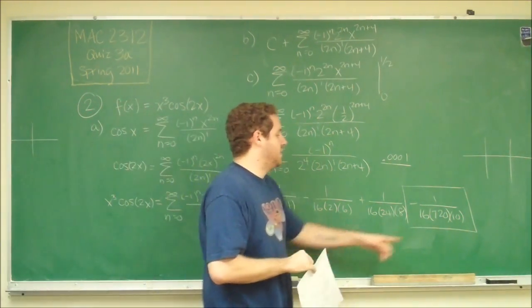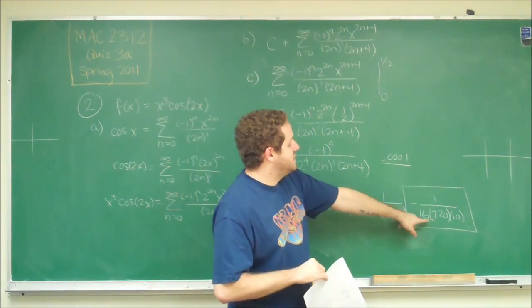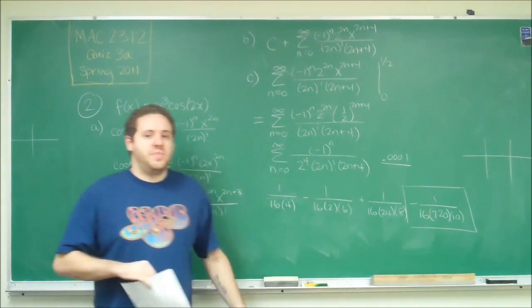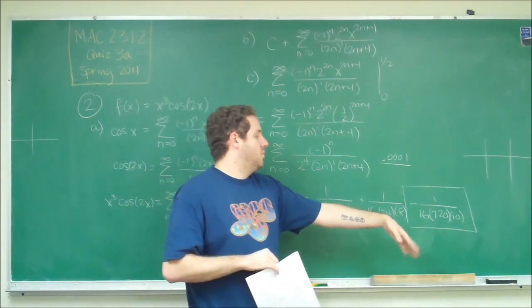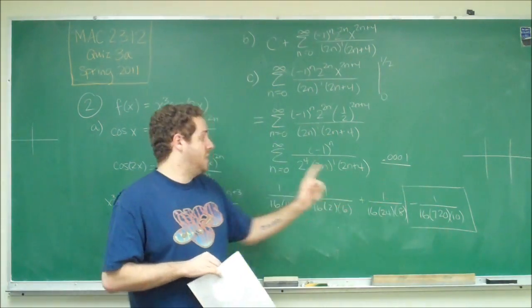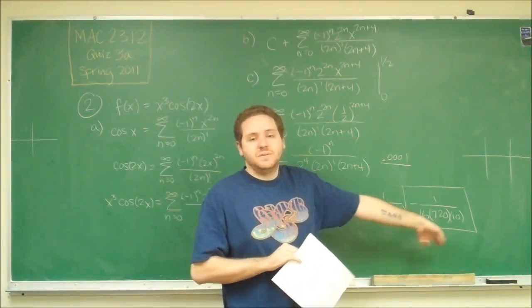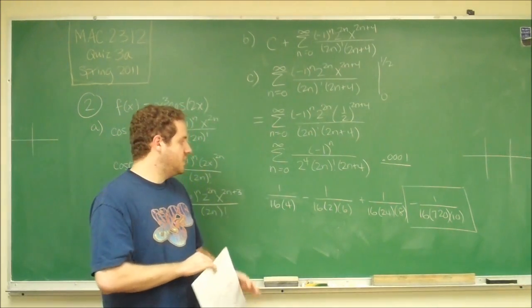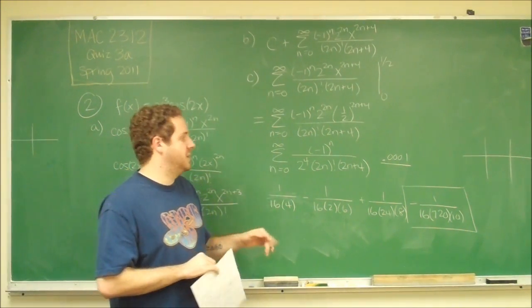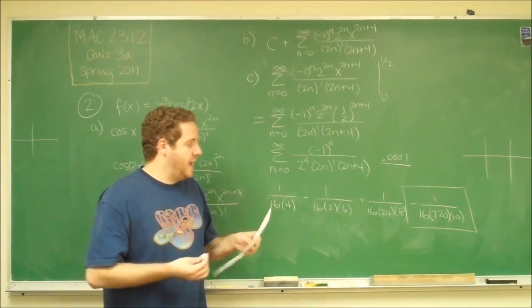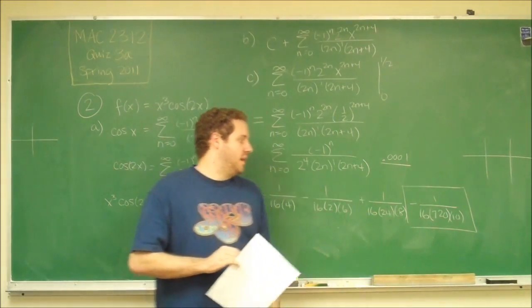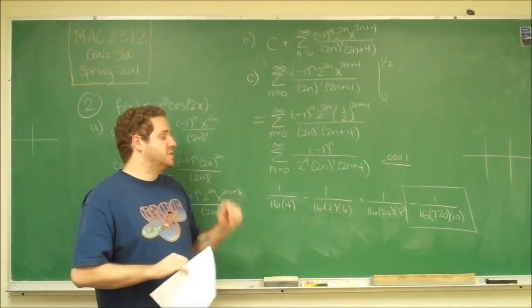So whatever this is here, 1 over 7,200 times 16, that is the upper bound of the error. Because anything else that we add onto this series, if you kept going with more terms, they're just going to get even smaller and smaller than that. So we need 3 terms to get this accurate within 1/10,000th to 4 decimal places. And the upper bound of the error is the absolute value of the first term that we didn't need.